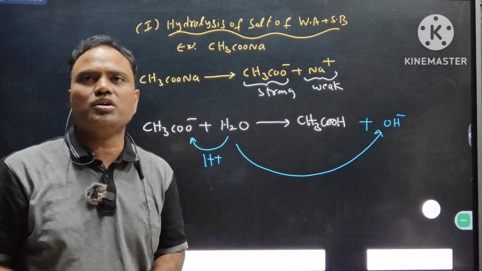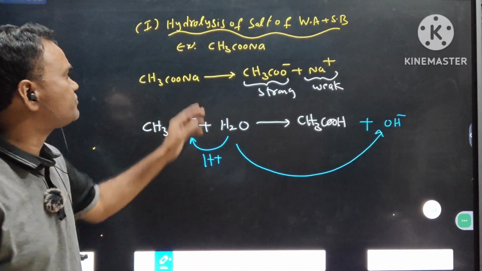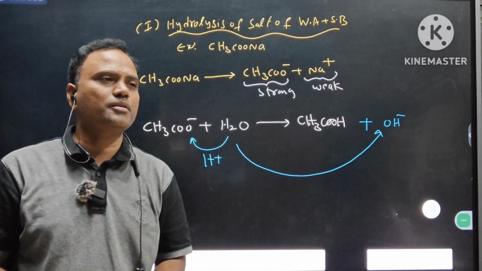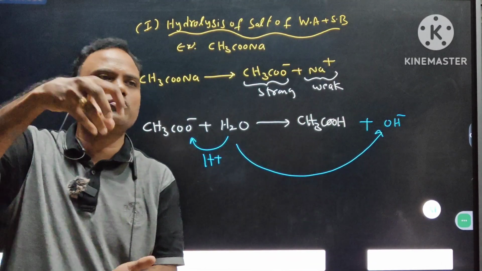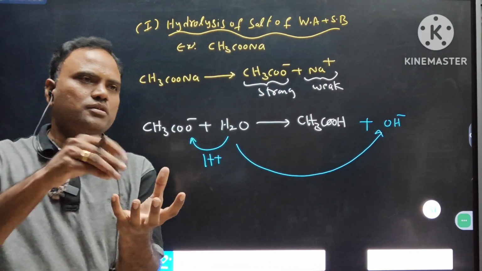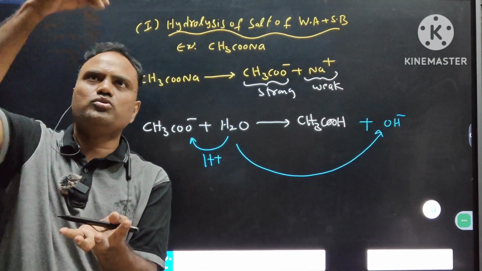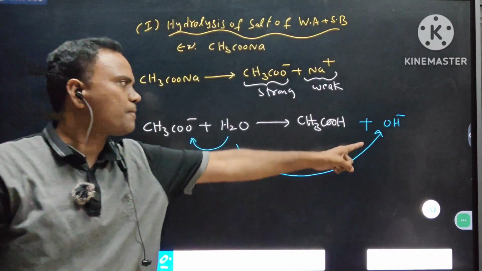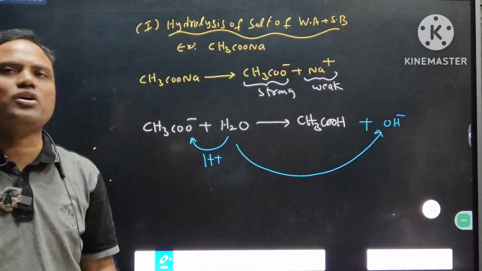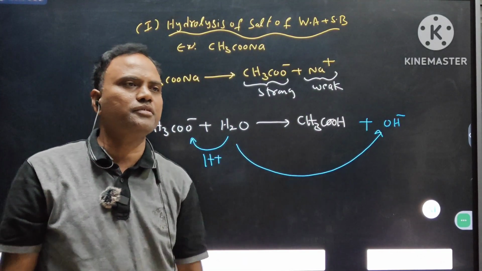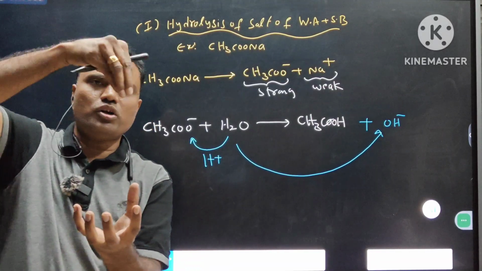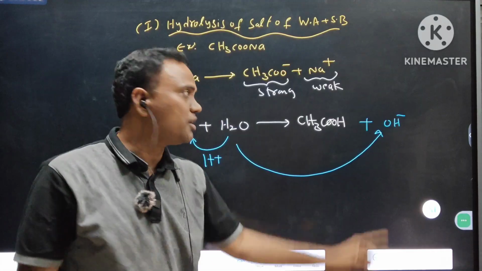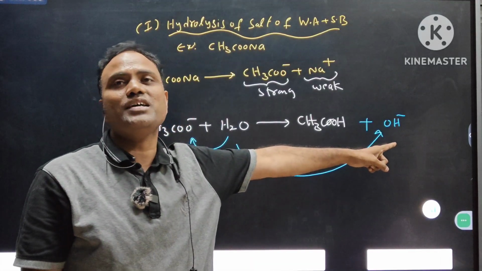Very, very important. What is the nature of a solution of sodium acetate? Basic. When you take a beaker, pour some water, put sodium acetate in it, dissolve and stir it, you will get a basic solution because free OH minus ions are generated.